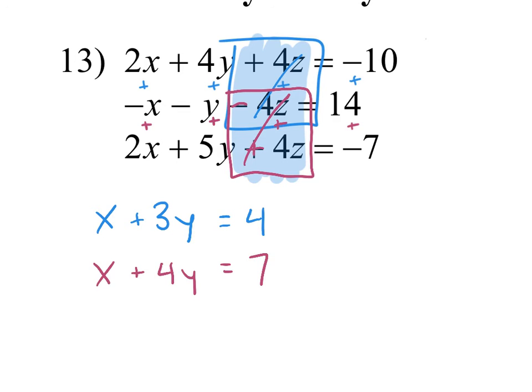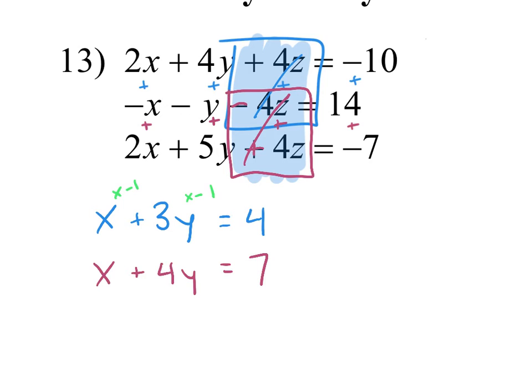So what do you want to cancel out, the x's or the y's? X's. So what do we need to multiply to get one of the x's negative? Times negative 1. You want to multiply the first equation or the second one? First one. Okay. It doesn't matter because it would give us the same thing.